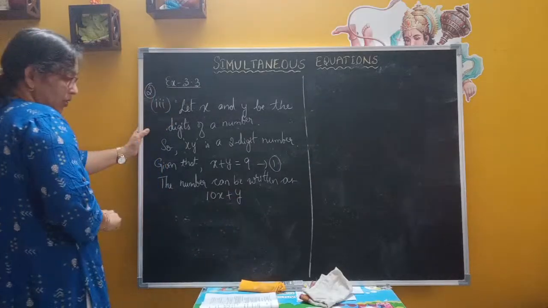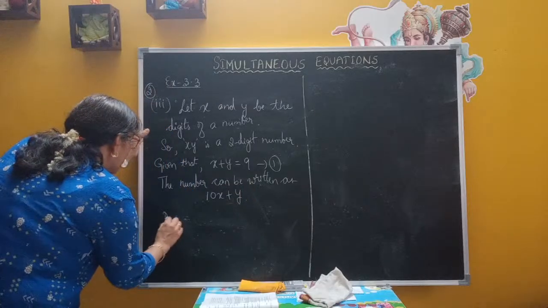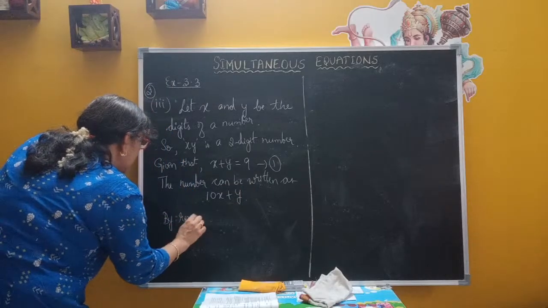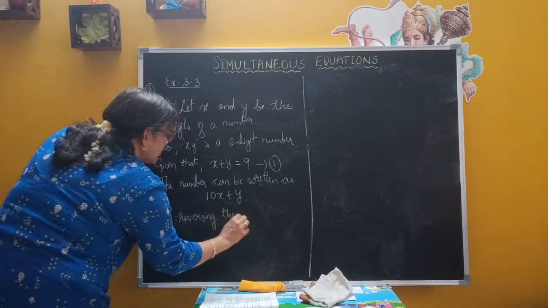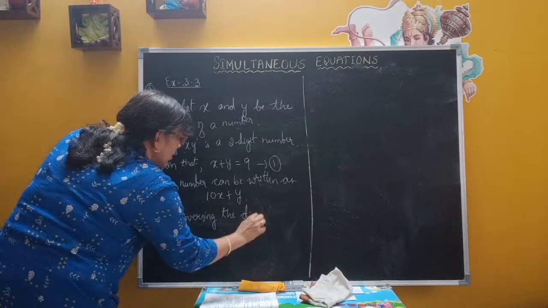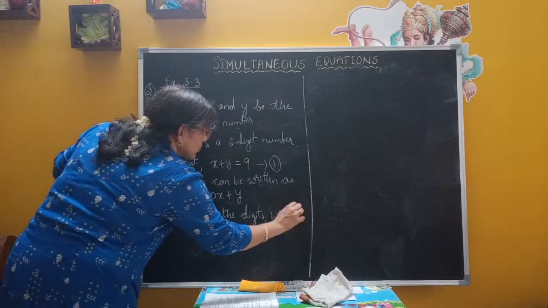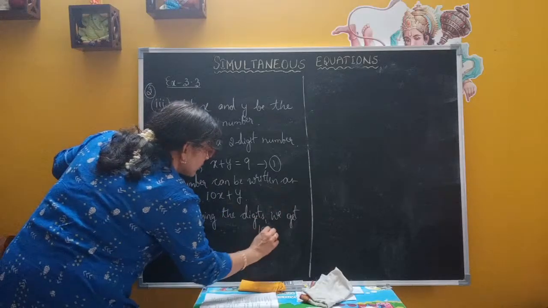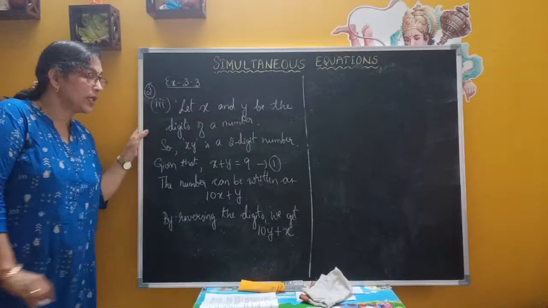By reversing the digits, we get 10y plus x.